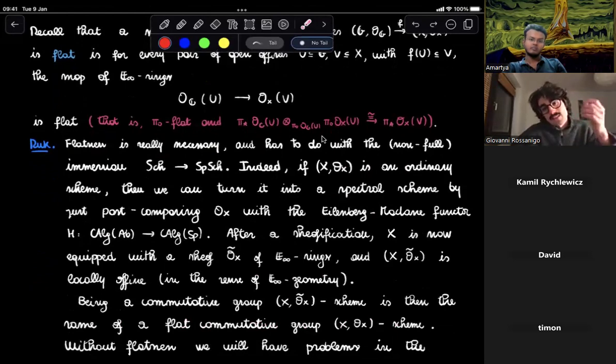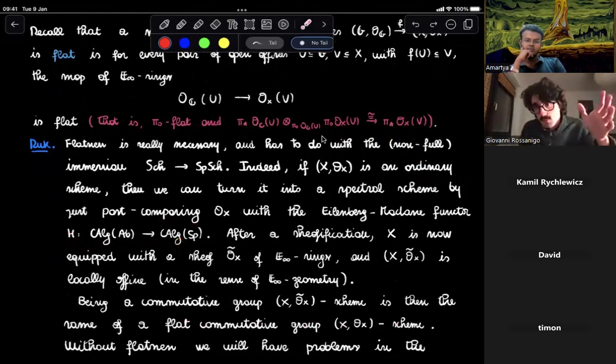And the point is in the non-full immersion between schemes and spectral schemes. The idea is that when we have an ordinary scheme X, O_X, so an ordinary scheme, this is a sheaf of commutative rings, we can turn this sheaf of commutative rings into a sheaf of commutative ring spectra by just post-composing it with the Eilenberg-MacLane functor.